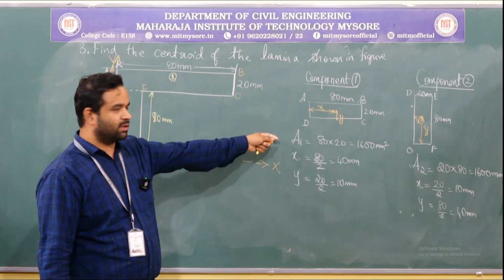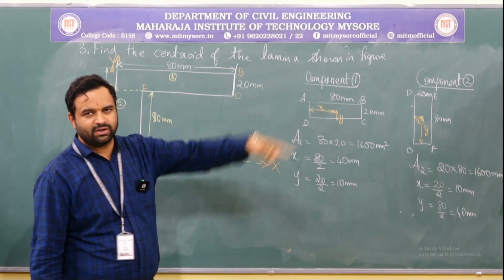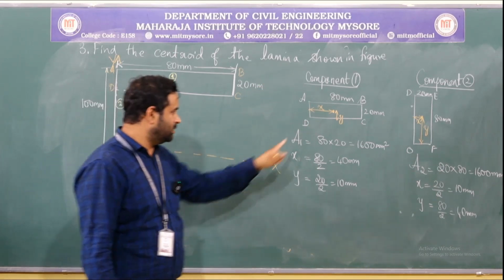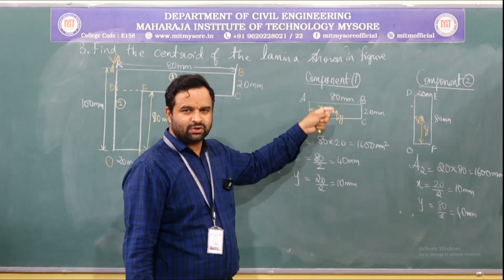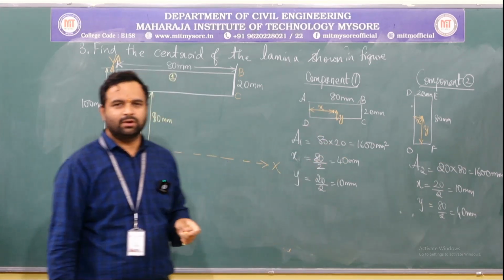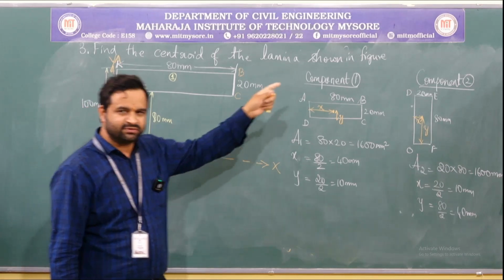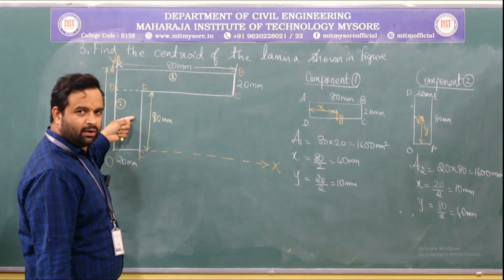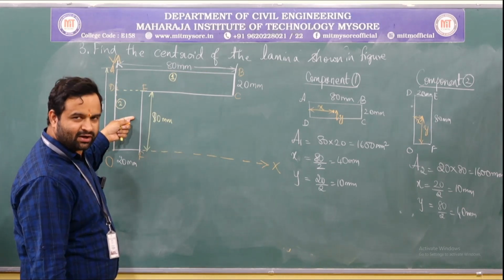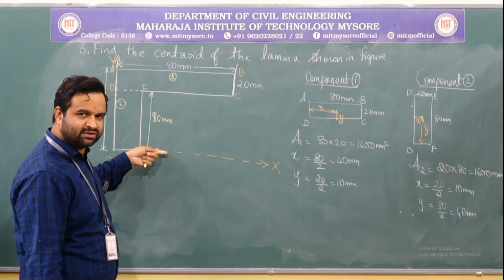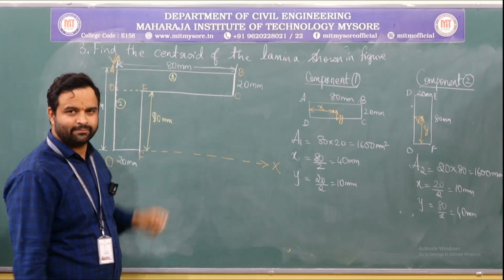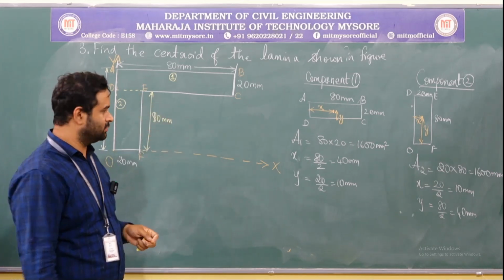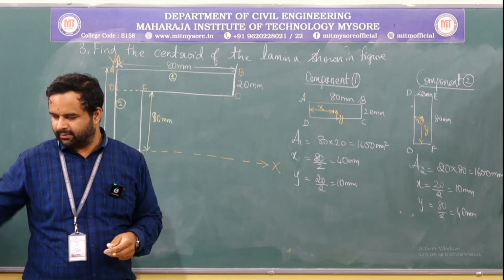See, again you can eliminate this step and go directly to the next table, but why I am making you write this is so that you can easily understand to calculate the centroid of individual components first, then try to plot it on the reference axis or the coordinate axis, and then measure the centroids from OX and OY. Okay? Now let me write the table.